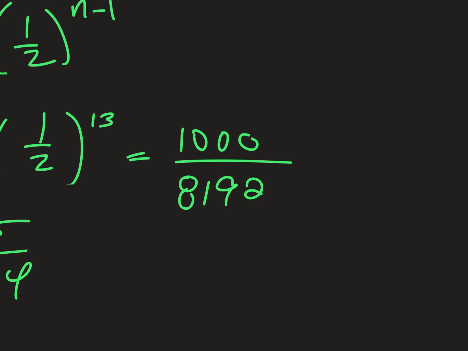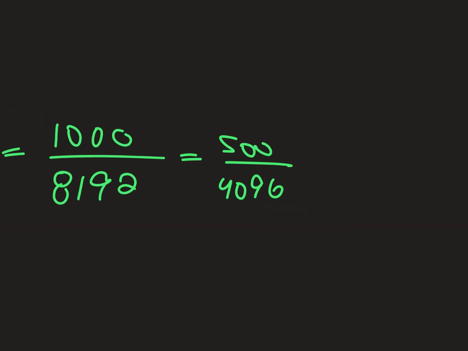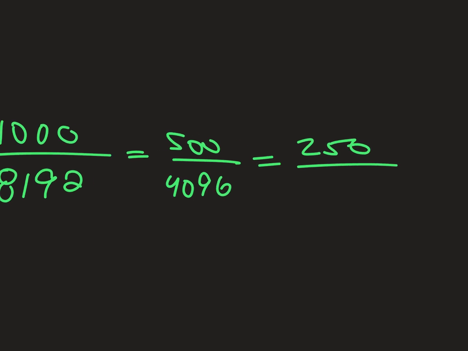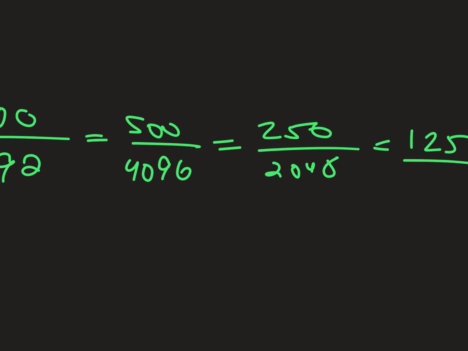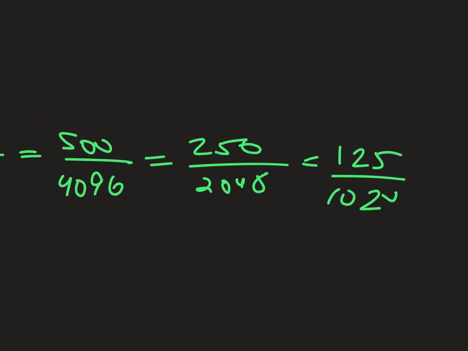Okay, so if I divide by 2, I get 500 over 4,096. What number goes in it again? 2. So 250 over 2048. What number goes in it again? 2. Gives you 125 over 1024, which would be the right answer.